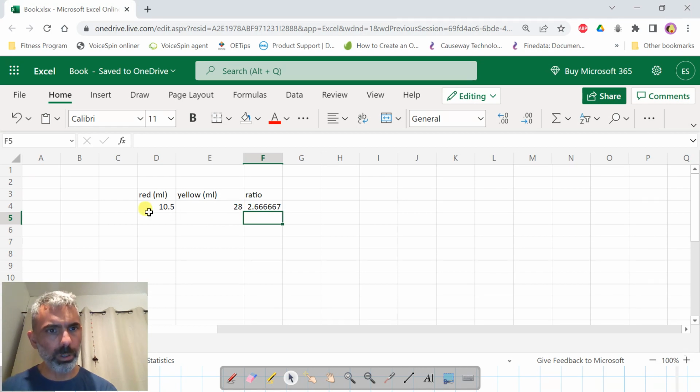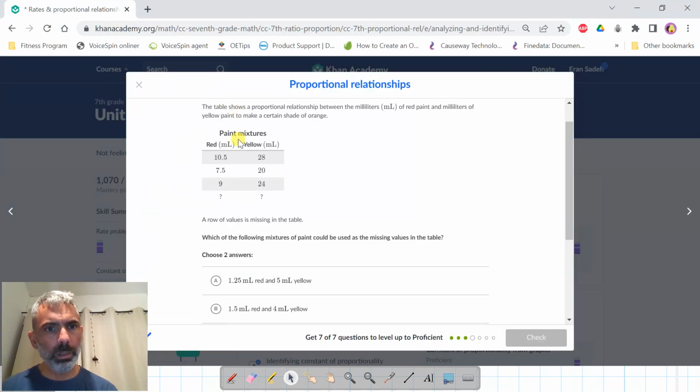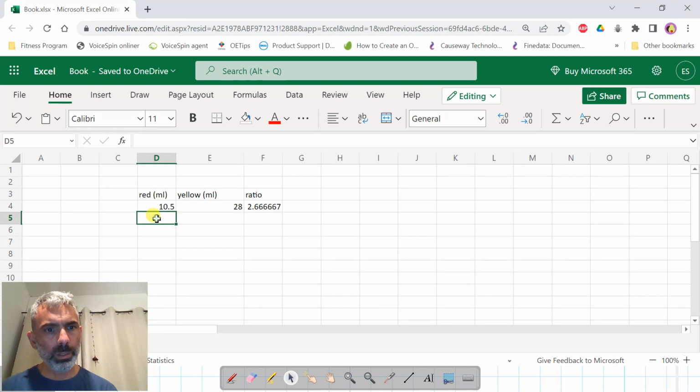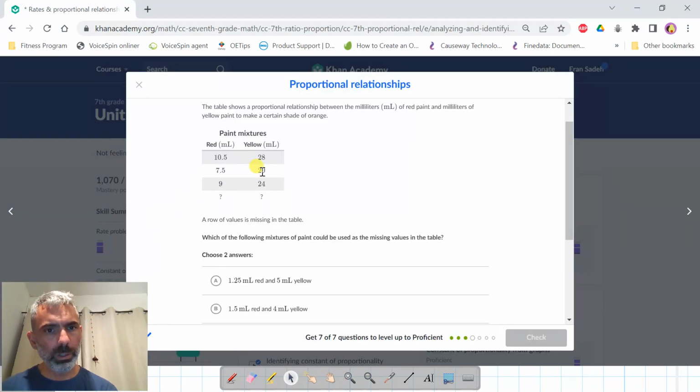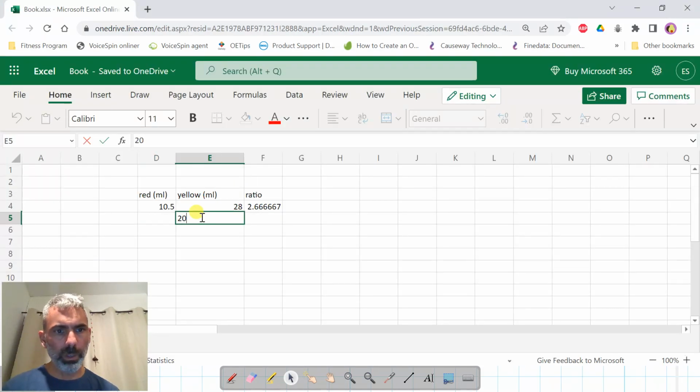So this is the ratio in the table. Let's see that this ratio is also kept for the next options: 20 milliliters of yellow and 7.5 milliliters of red.